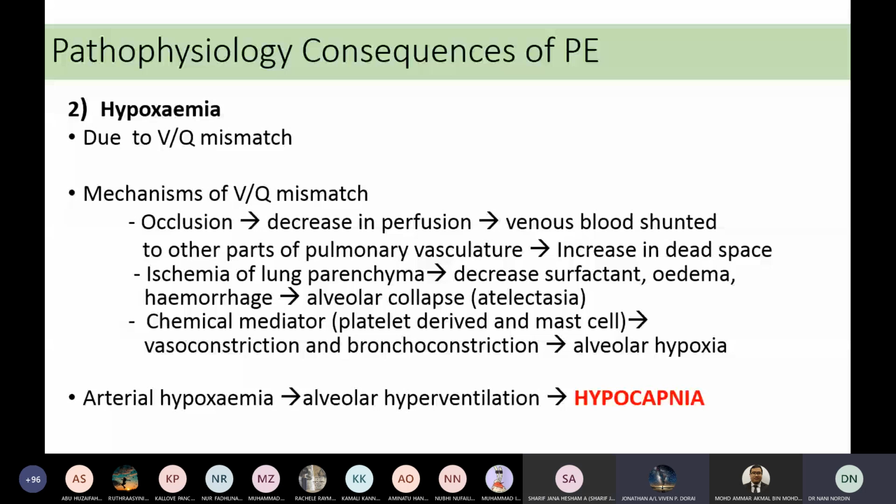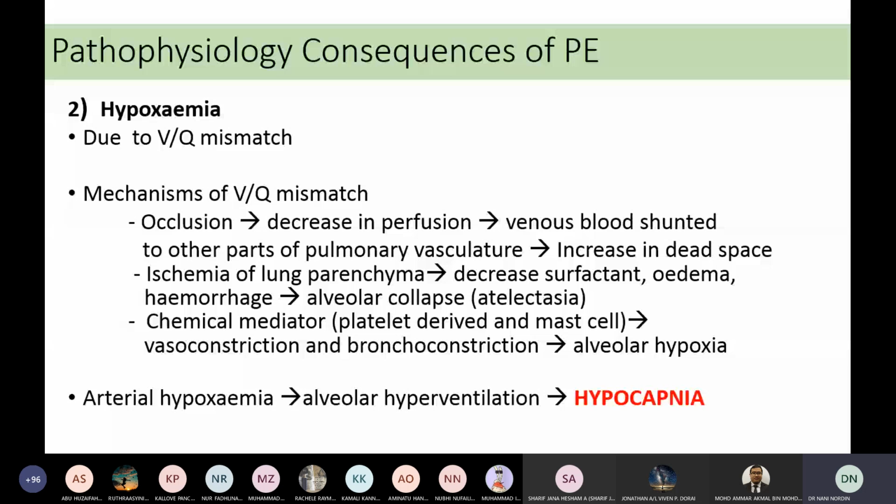The rest of the blood, which is blocked, will go to the other areas of the lung. So you will also have areas with a lot of blood but less ventilation. So that's where the mismatch comes about.